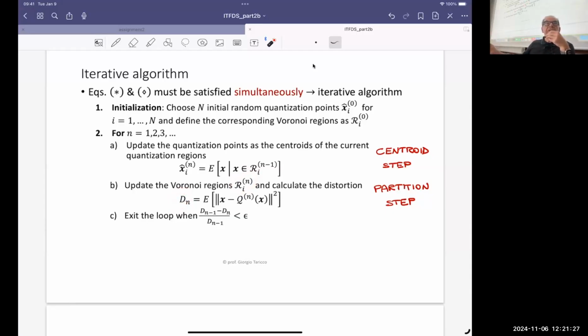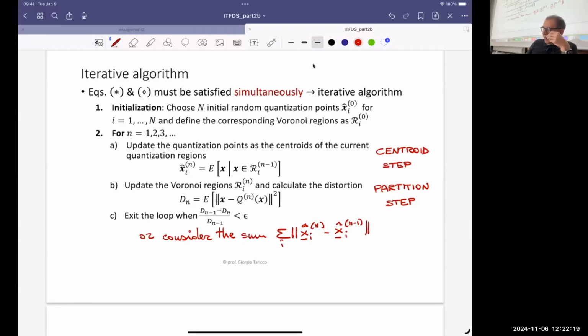This is one possibility. The other possibility is to compare the quantization vectors xi hat, and for example consider the sum of xi hat n minus xi hat n minus 1 with the squared Euclidean norm.